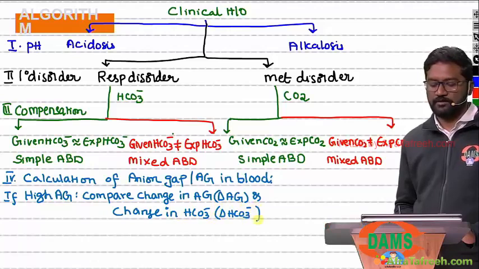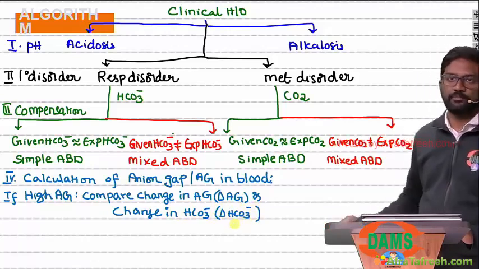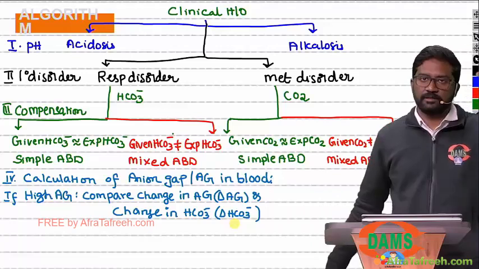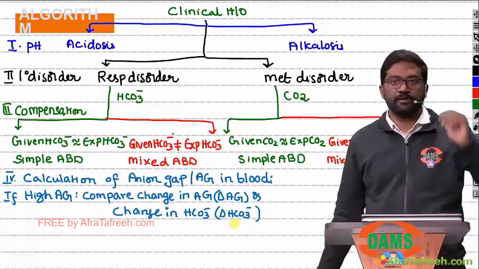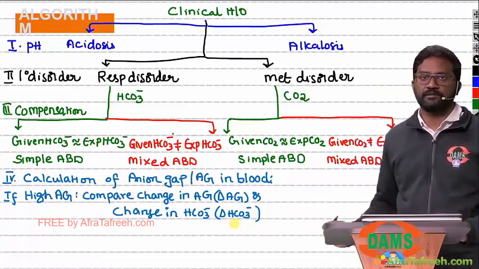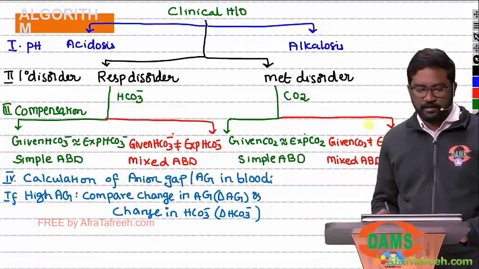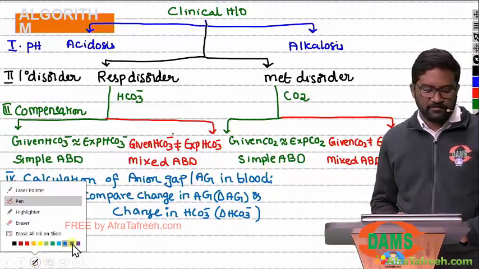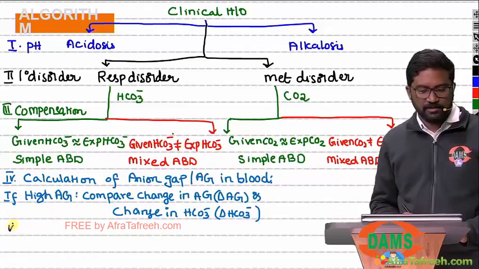So this is an advanced step. If there is high anion gap, you should also see the relevance of this relation. Compare change in anion gap and change in bicarbonate. Then the last step, put it together with clinical history and give your final impression.